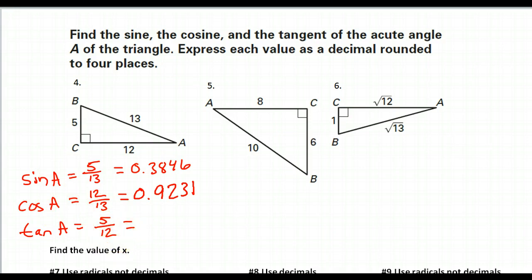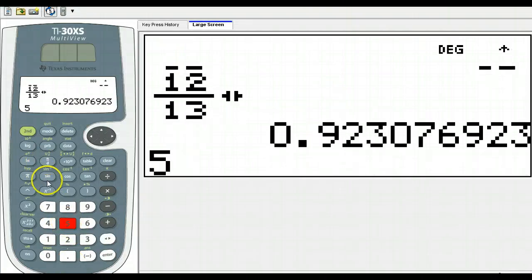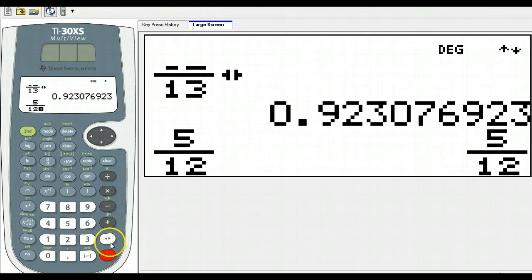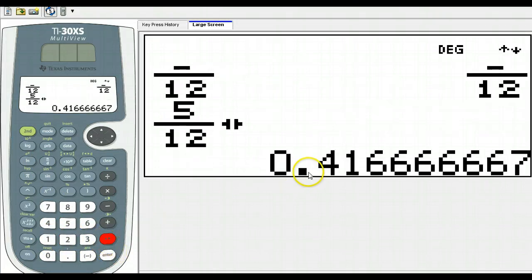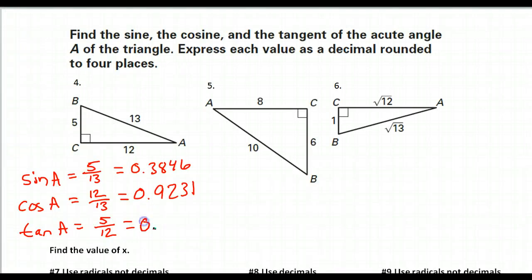So 5 over 12 is 0.4167. Okay, so that's the answer to number 4.